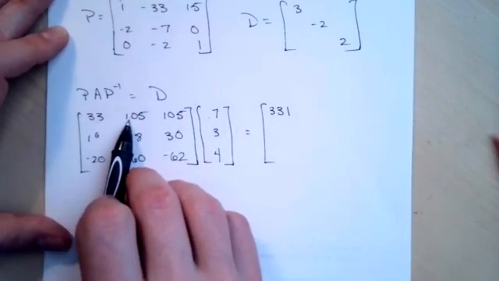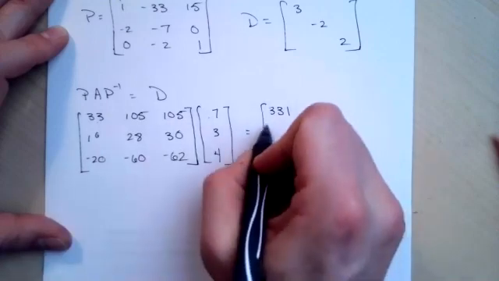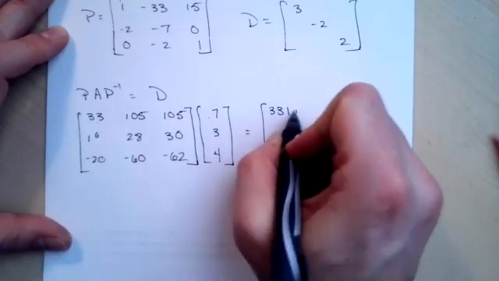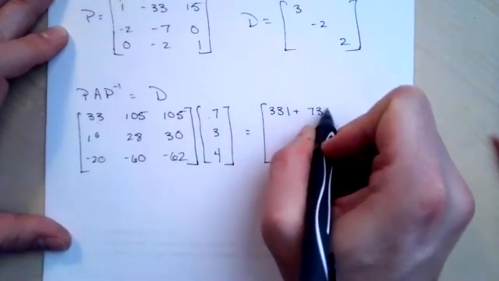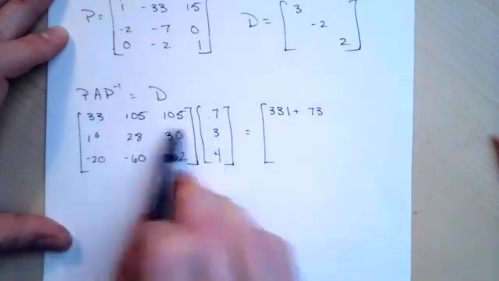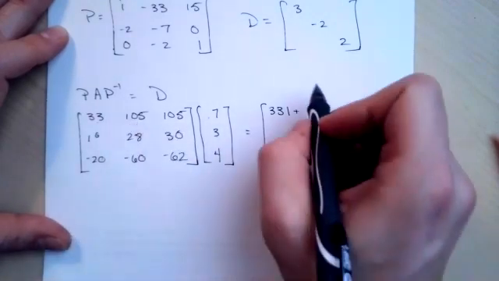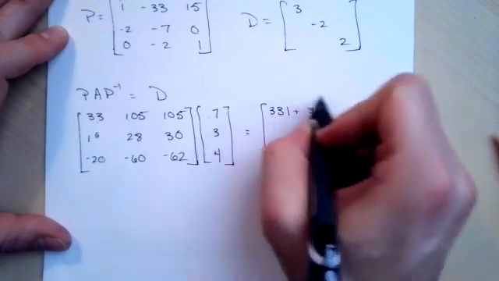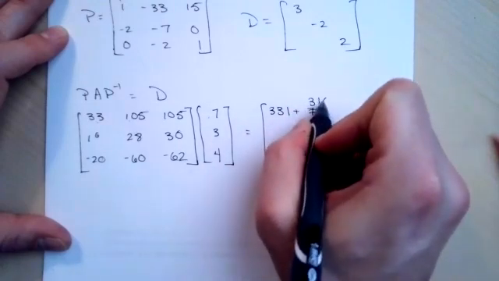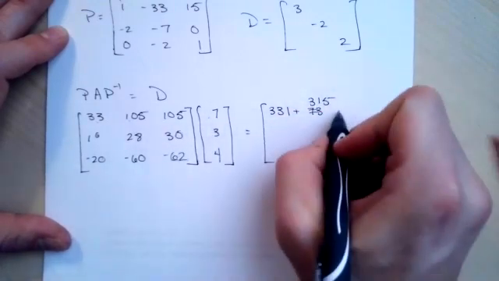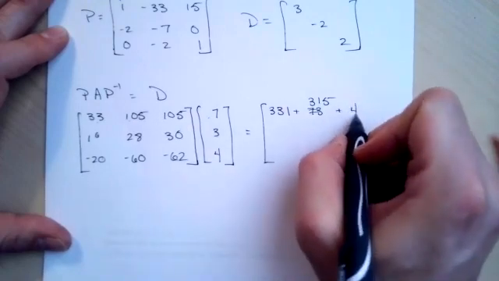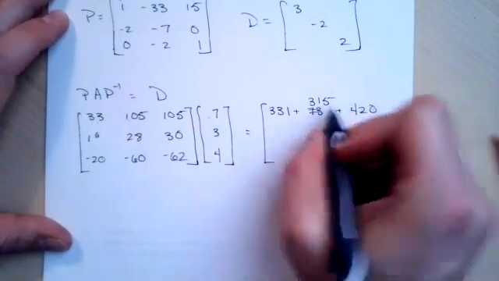So what do we get? 700 plus 35 is 735. Oh, no, sorry, I'm doing the wrong multiplication. 3 times 105 is 315. And then 4 times 105 is 420. Hey, all right.